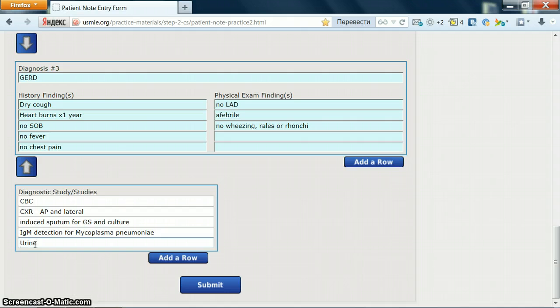You can see those studies in your First Aid. That's it for a case of atypical pneumonia.